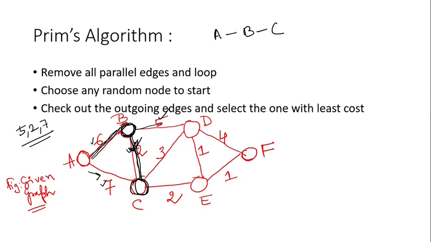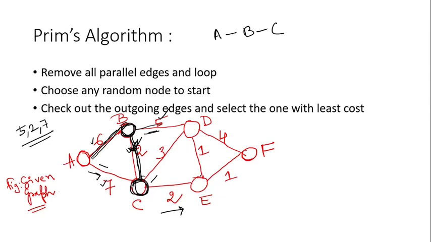Once you visit C, what are the options you have? You have option CE, then you have option CD, and you also should look at BD and AC. Out of all of these, which one is the minimum?